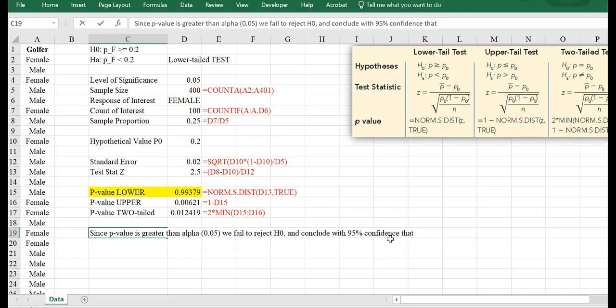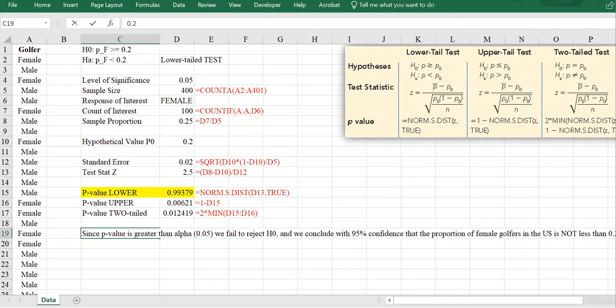So I can write my conclusion this way: I can conclude with 95% confidence that the proportion of female golfers in the United States is not strictly less than 20%, not less than 0.2.